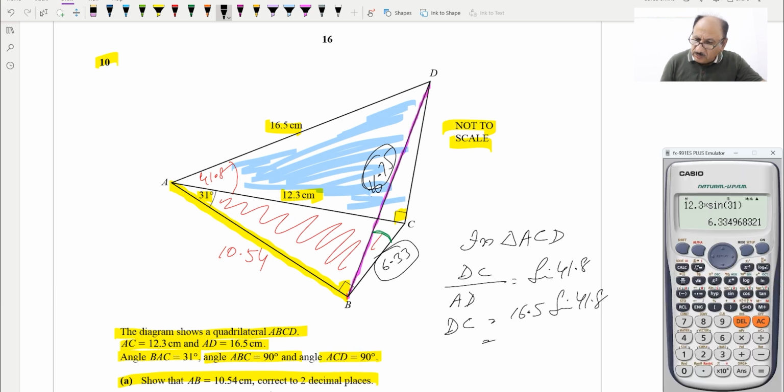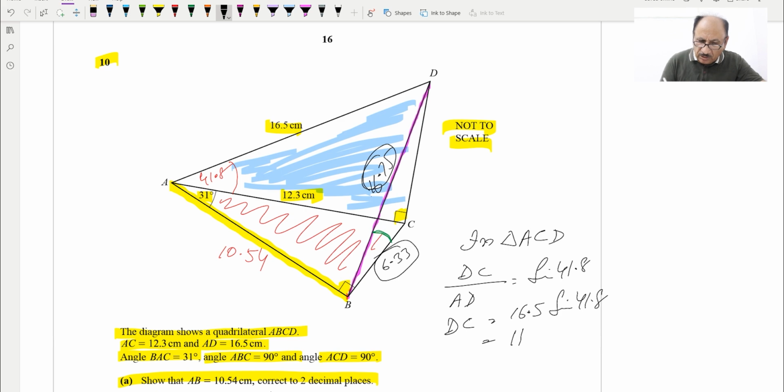This is 16.5 into sine of 41.8, which will be equal to 10.99, which we can write as 11. So this side is 11.